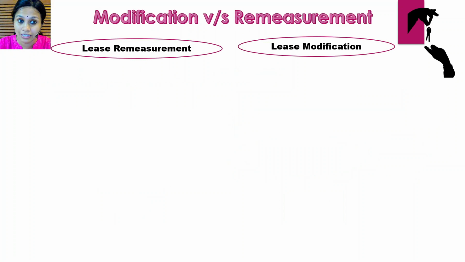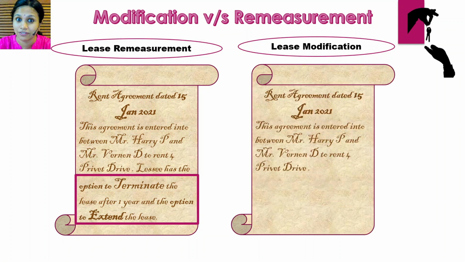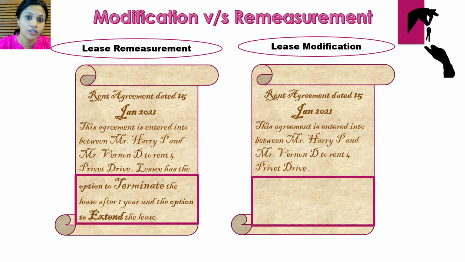So, in case of a lease remeasurement, the lessee's option to either terminate the contract early or extend the contract would be a part of the original contract. But under lease modification, the contract would be silent on any option to extend or terminate the lease. I hope you have understood the concept of lease modification as well as the difference between lease remeasurement and lease modification. Now let's go to the accounting treatment.